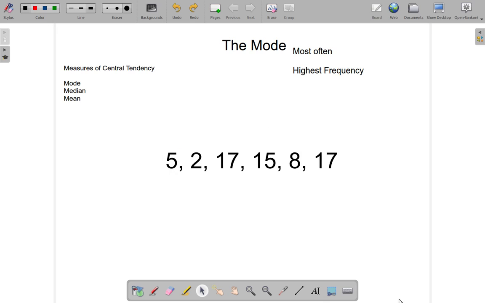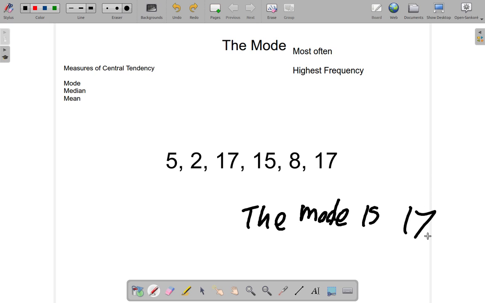17. Now what is the mode? Let's see. I see 17 two times, and the other numbers are there only once. So 17 is the mode. Alright? Let me make a little adjustment.